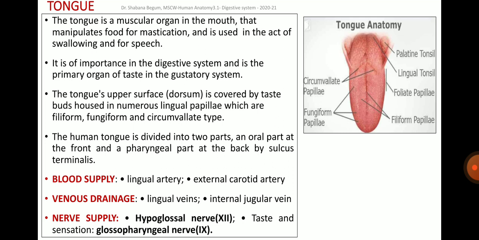These arteries carry the oxygenated blood to the tongue, while the venous drainage is through the lingual veins and the internal jugular veins, which bring the deoxygenated blood back from the tongue. The nerve supply is through the hypoglossal nerve, that is the 12th nerve, as well as the glossopharyngeal nerve, which is the 9th nerve.